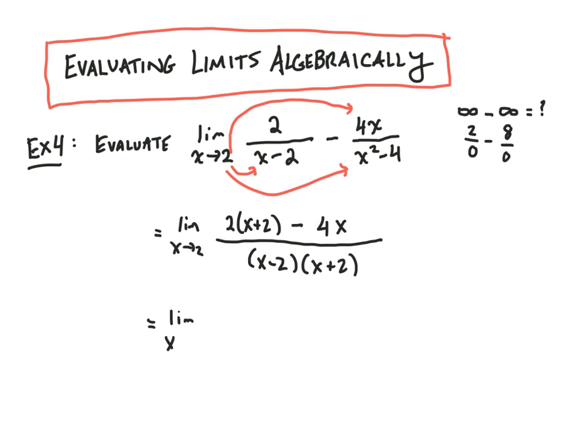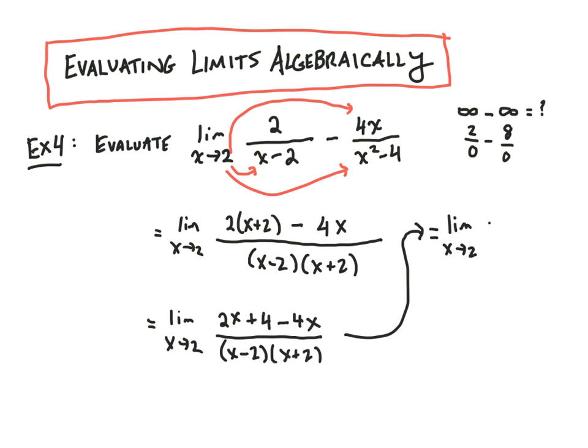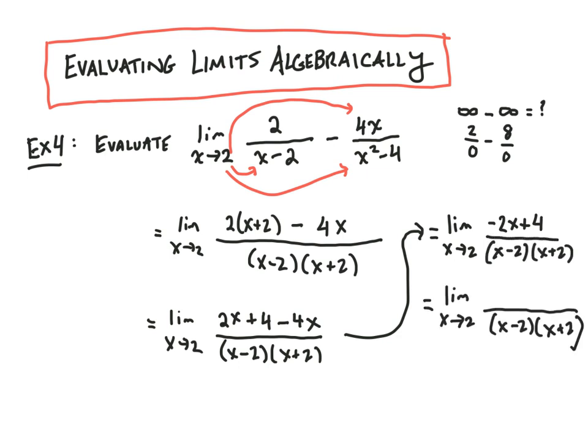And then I'll distribute the 2 and continue to simplify. When I distribute the 2, I get 2x plus 4 minus 4x, which simplifies to negative 2x plus 4. I see that I have a common factor of negative 2 in the numerator that I can pull out. And when I do, once again, it leaves me that factor of x minus 2.